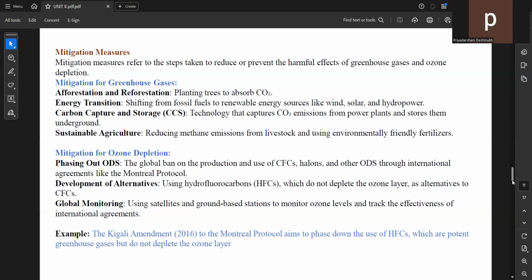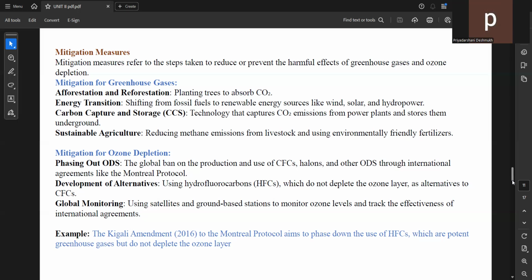Next is the energy transition, carbon capture or storage, that is CCS. That is the technology that captures the CO2 emission from the power plants and stores it underground. Or with the help of some equipment, we can convert this CO2 into other products. Now, the next is sustainable agriculture: reducing the methane emission from the livestock and using environmentally friendly fertilizers.